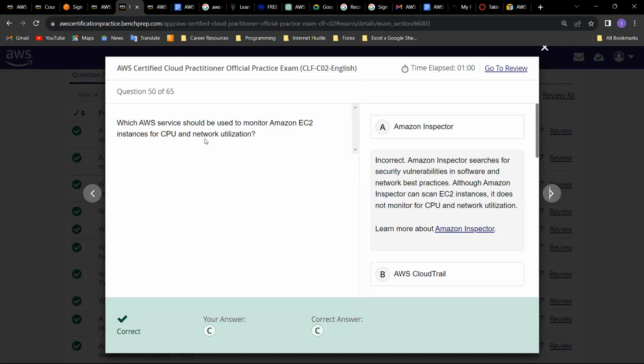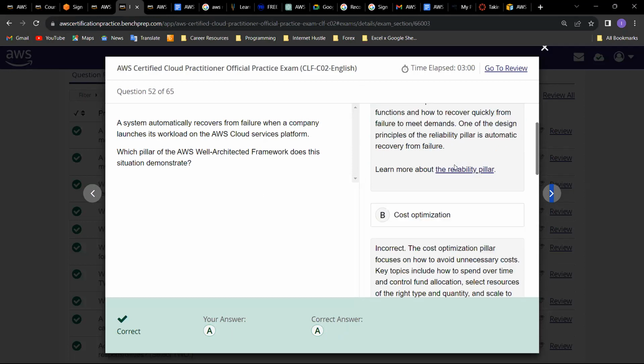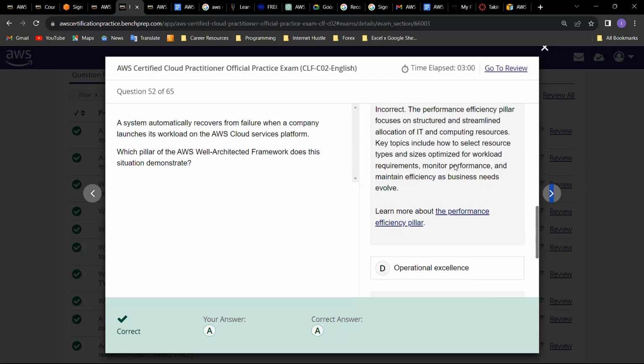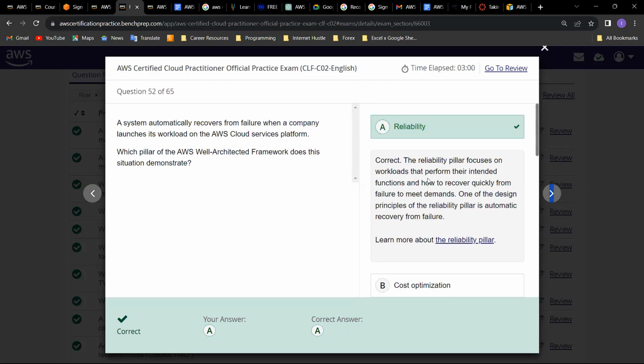And question 52. A system automatically recovers from failure when a company launches its workload on the AWS cloud platform. Which pillar? That's reliability, right? When the system is able to recover. Focus on workloads that perform their intended functions and how to recover quickly from failure to meet demands.